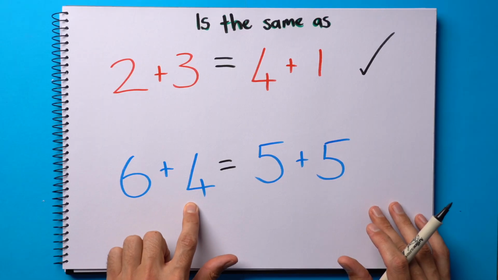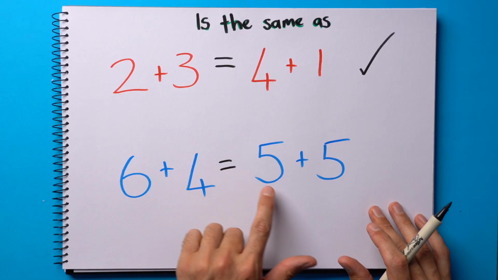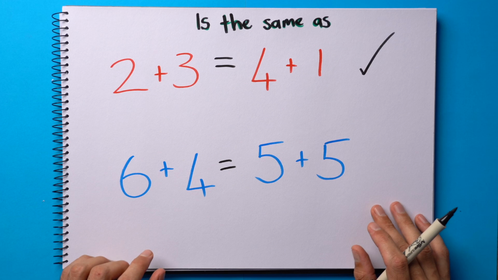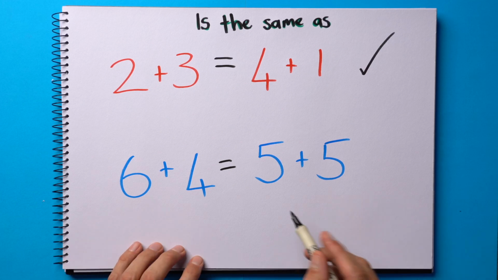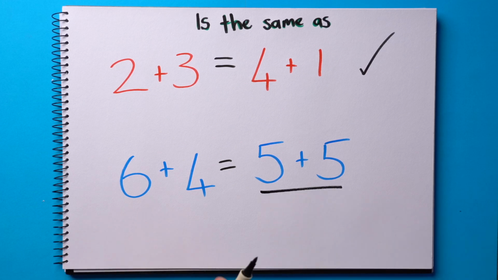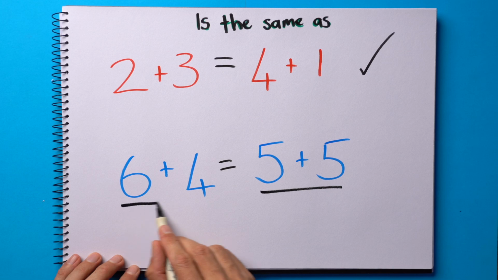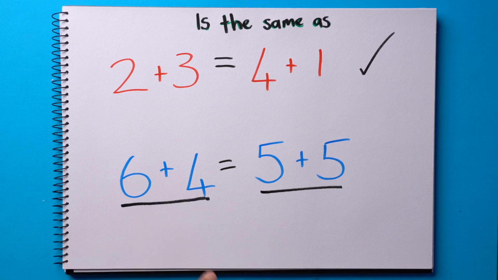We can use it in different ways that doesn't demand we just put an answer straight away. So that's why it's really handy. Well, 6 plus 4 is going to be 10, is the same as 5 plus 5, which is also 10. What we're just saying is what's on this side of the equals sign is equivalent to, or the same as, what's on that side. And we could also say that is correct.